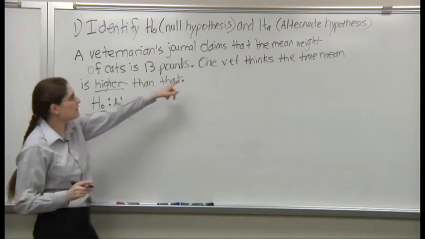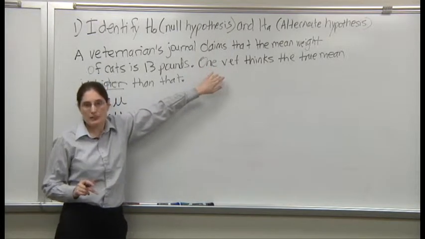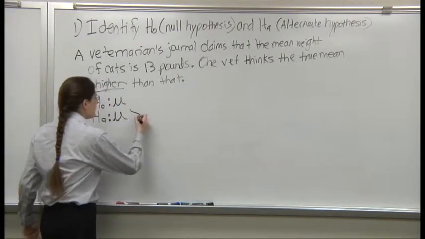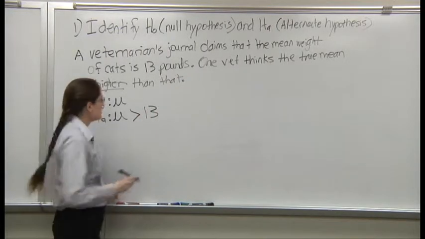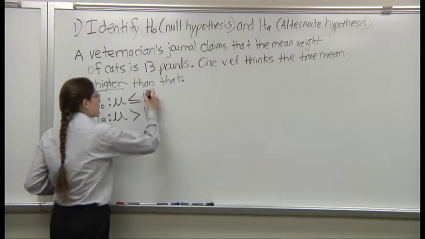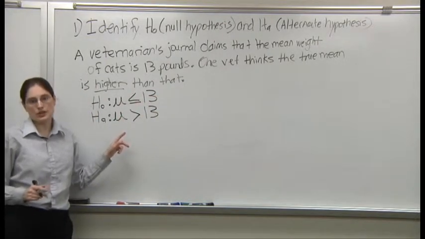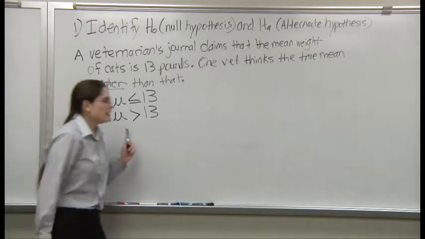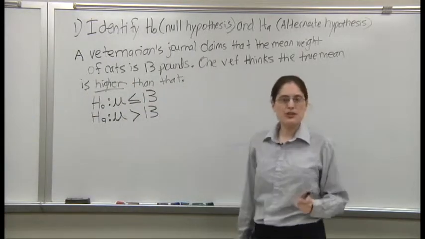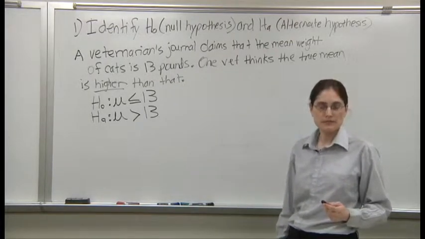The alternate hypothesis is what this disagreeing person thinks, that the mean is bigger than 13. The null hypothesis is the other case. It's less than or equal to 13. Here, note that she's interested in variation in one particular direction.